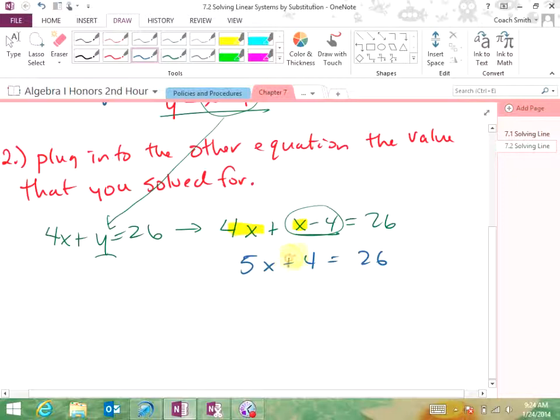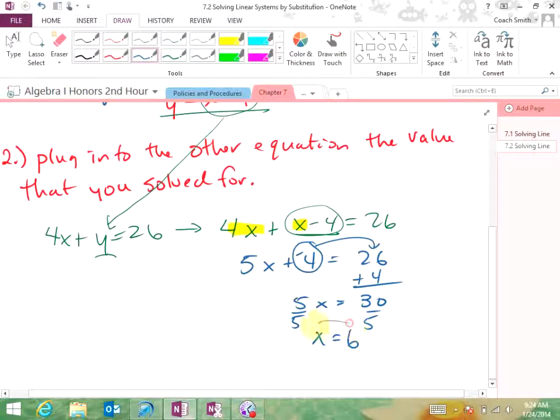That's plus a negative. So I take the negative over here, it becomes a positive. That becomes 30. So I have 5x is equal to 30. Divide by 5, divide by 5. That means x is equal to what? 6. Now that's one of the coordinates.